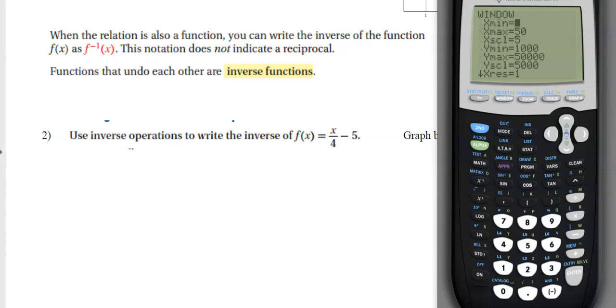Let's make sure we're at a standard window. No, we're not. Must have been doing some crazy problem. Standard window. There's y equals x. There's f of x. And there is my inverse of f of x. So it looks to me like they're symmetrical. Now it looks a little bit weird, and that's because my window is a rectangle, so it's skewed a little bit.